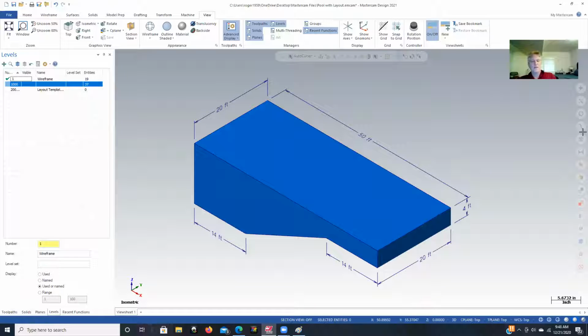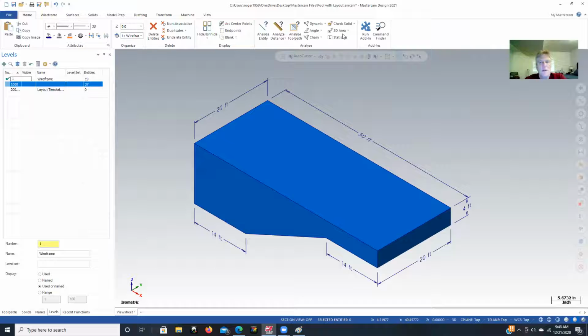So this looks nasty, but the fact that we have a nice uniform cross section makes this actually pretty easy if we can figure out how to do the front face here. The other thing I was going to mention is that we also have this little function here that can tell us the area.